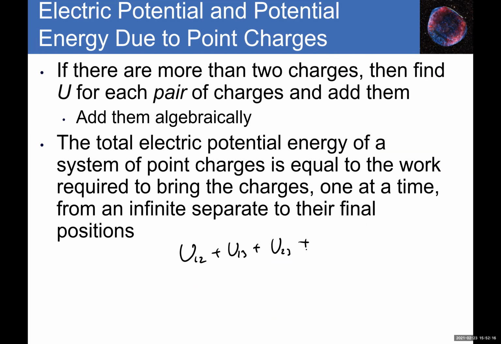You bring a fourth one, then it becomes U14 plus 4 interacts with 2 plus 4 interacts with 3, and then just add them together, dot, dot, dot. So this is then the net potential energy. Okay. So the total potential energy of a system of point charges is equal to the work required to bring the charges one at a time from infinity and separate, to their final position.